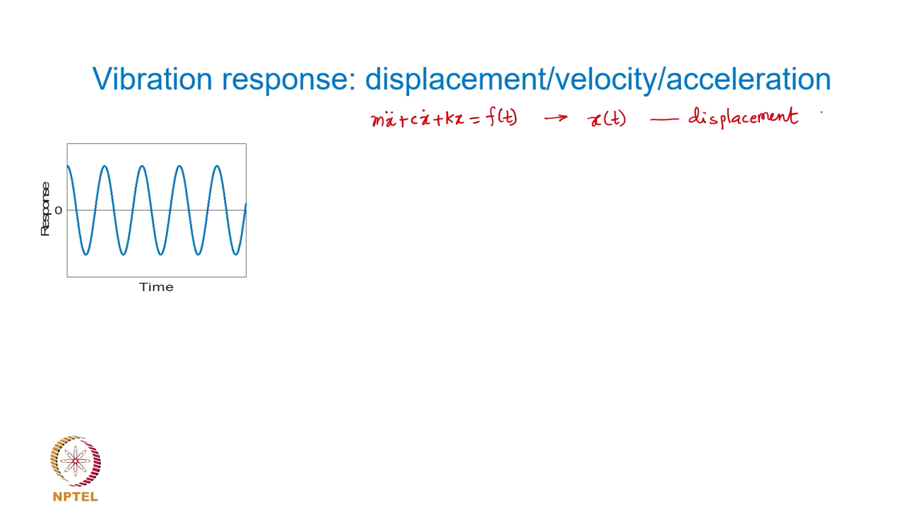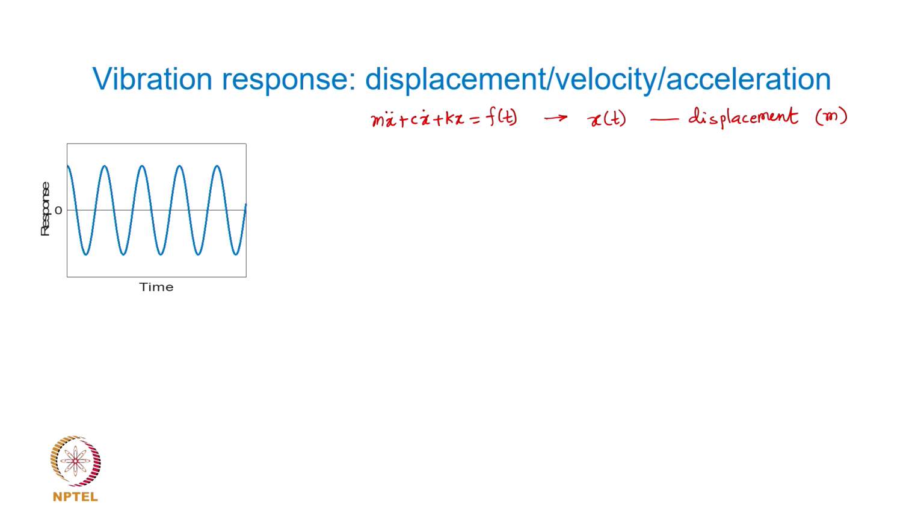So, maybe in standard units we may get this response in meters, although for all practical purposes mechanical vibrations will be in millimeters, or in fact in microns in many cases, right.